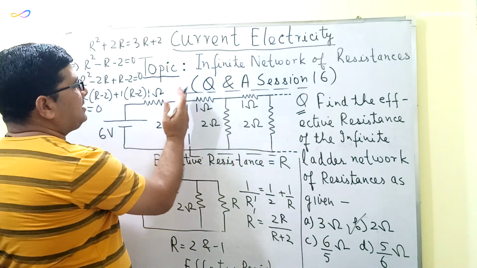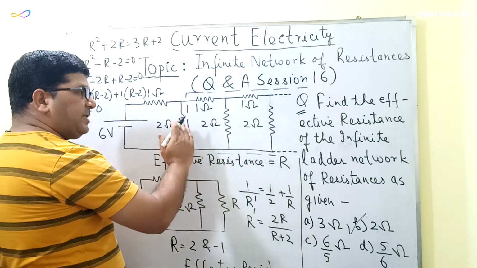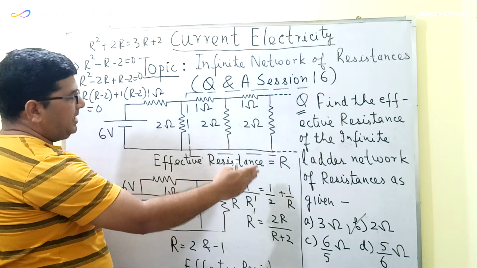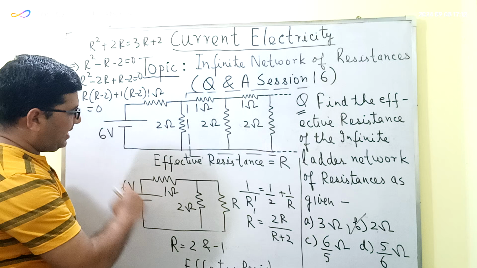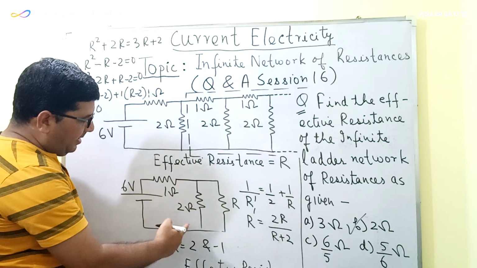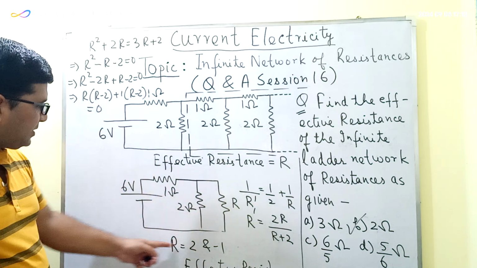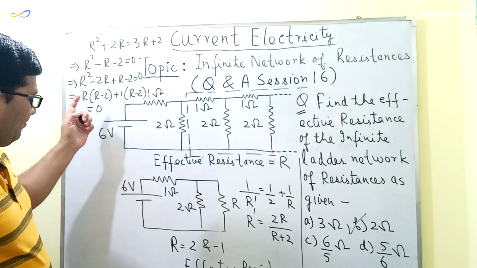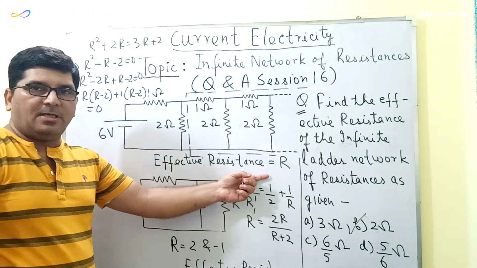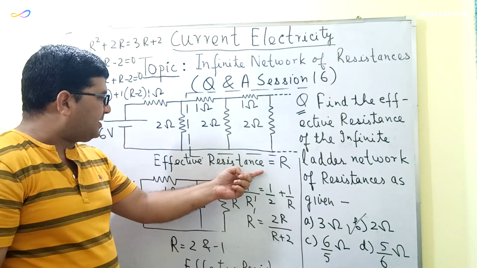So what I have done is I have taken this part of the circuit and taken its resistance equal to R. After that, I have redrawn this circuit as shown in this figure, and from here I have calculated the effective resistance of this circuit. After that I equated this effective resistance equal to R, and thereafter we were able to find the value of this effective resistance, which was equal to 2 ohms.